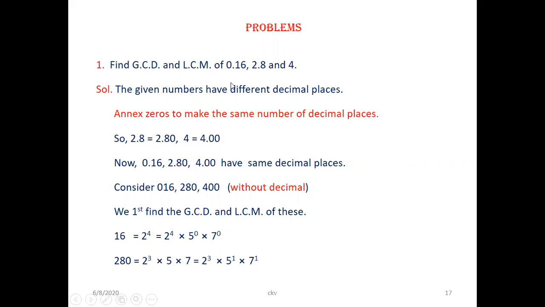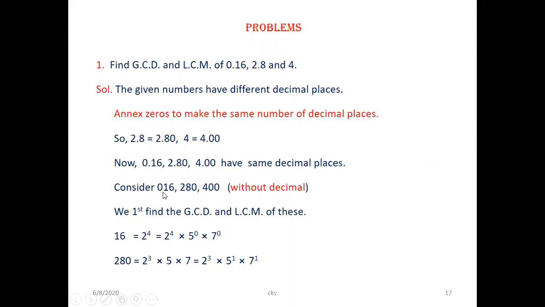Now in all these 3 numbers, the decimal is after 2 places. That is the first step, whether to find out GCD or to find out LCM. So what is the next step? As per the step-by-step process, you must consider the numbers without decimals.